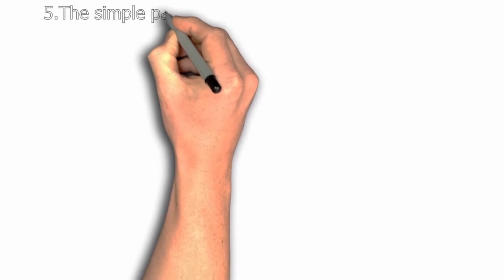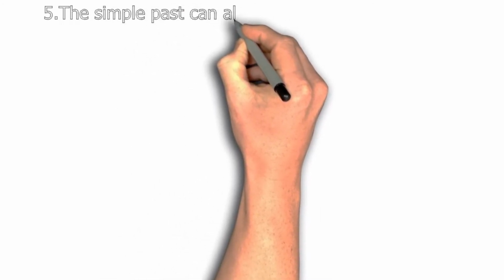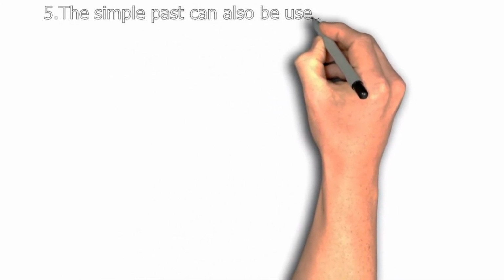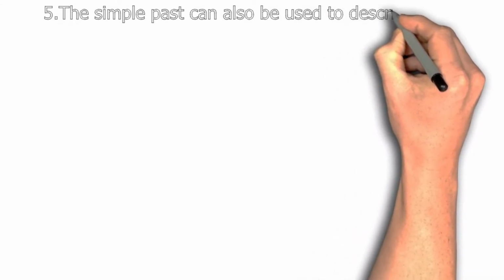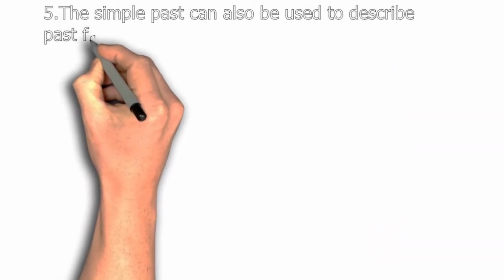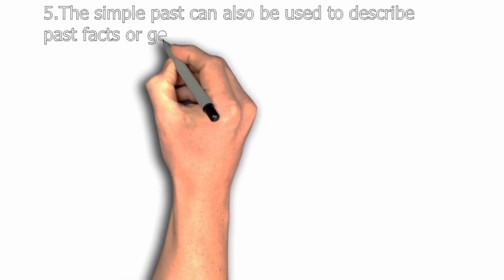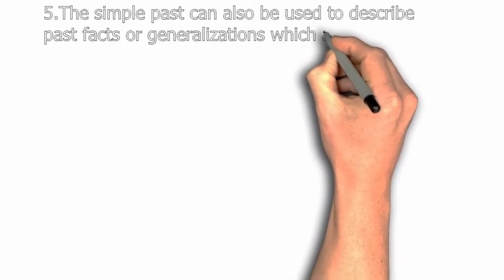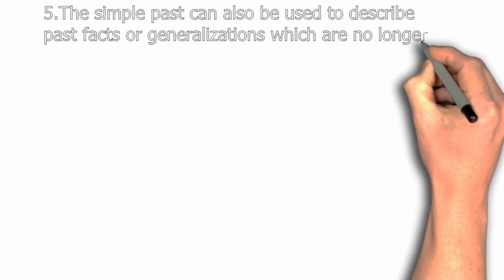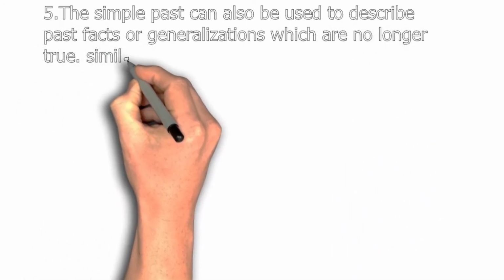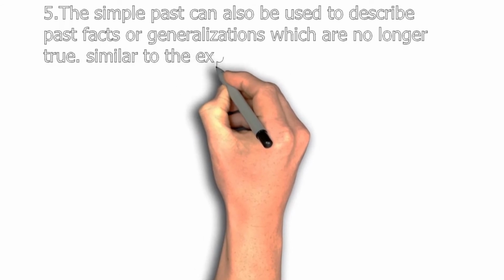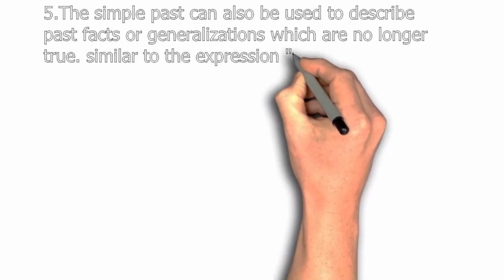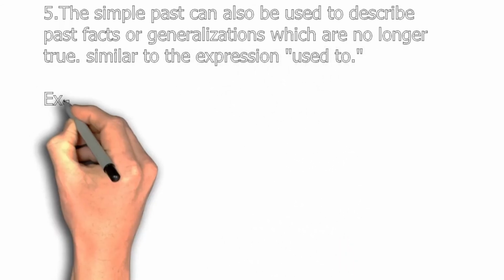Okay, now we are going to introduce the next rule. Fifth rule. The simple past can also be used to describe past facts or generalizations which are no longer true, which is similar to the expression used to.